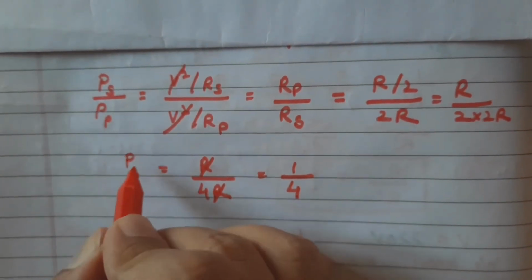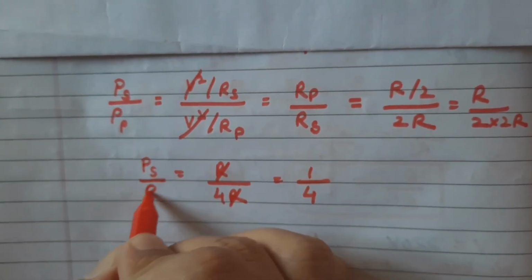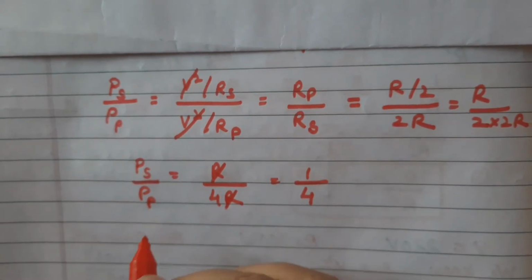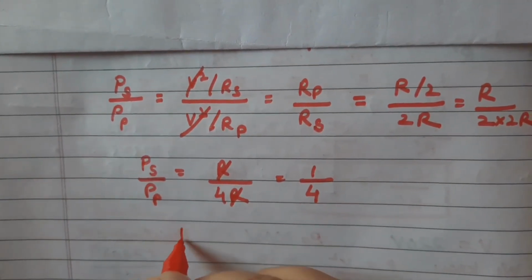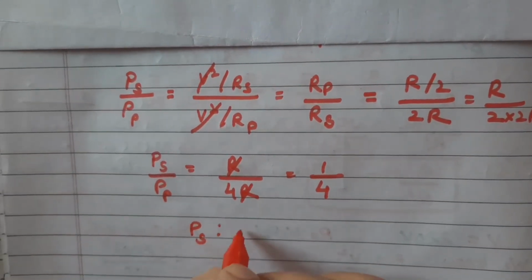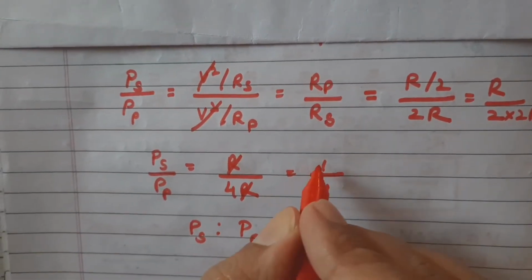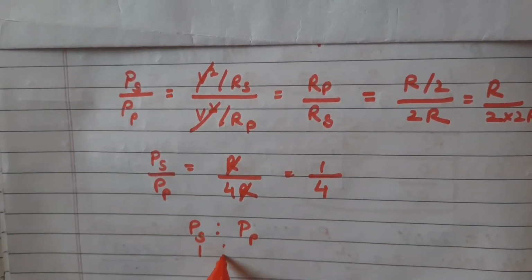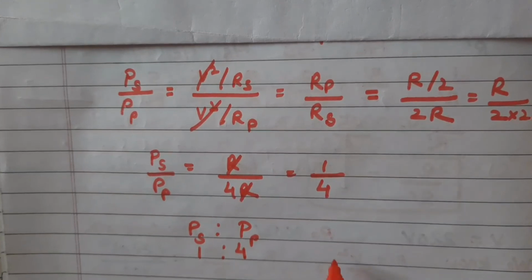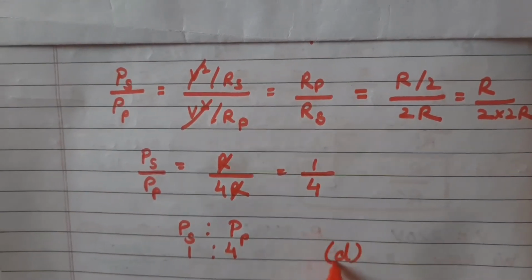This is the ratio of power in series to power in parallel. Now, Ps ratio Pp will be 1 ratio 4. In turn, D option is correct.